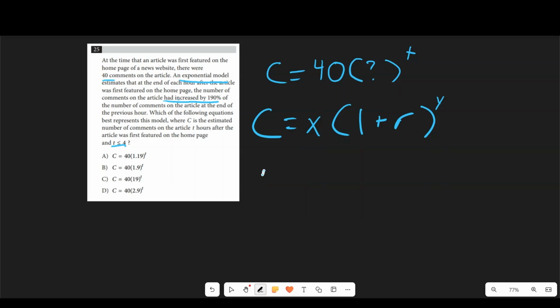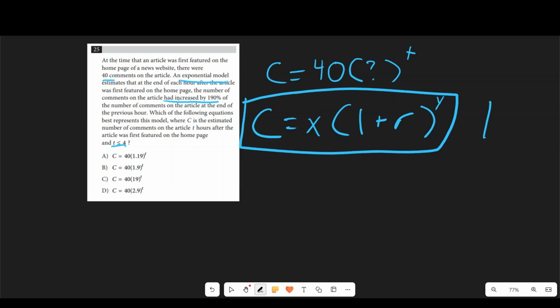I'm just going to make it very clear that this is for increasing equations. But what if we have an equation that is exponentially decreasing? Well, it would be very similar. We would have some sort of function C times a constant x, but we would not have this 1.